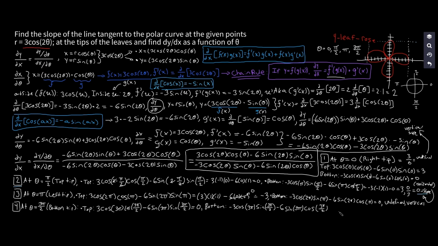Let's do some analysis. -3 times cosine of 3 pi, which is -1, so -3 times -1 times -1.